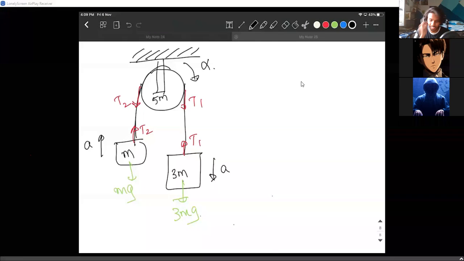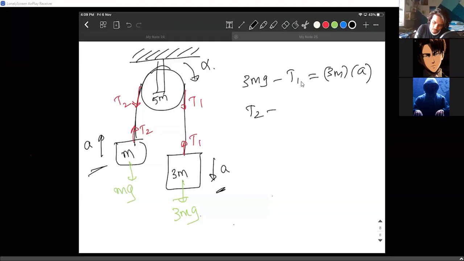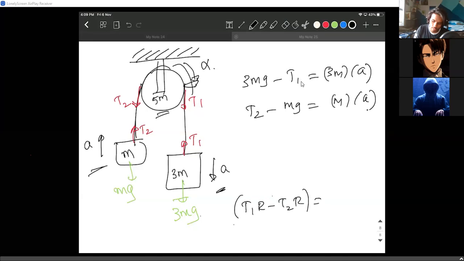Zaid, since you asked, watch each and everything. For this body, it is 3mg minus T1 equals 3m into A. For the second body, T2 minus mg equals m into A. For the pulley, since it is rotating like this, T1r minus T2r equals moment of inertia 5m r square by 2 into alpha.